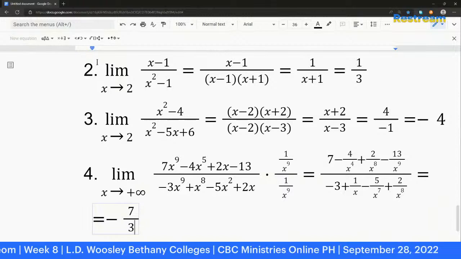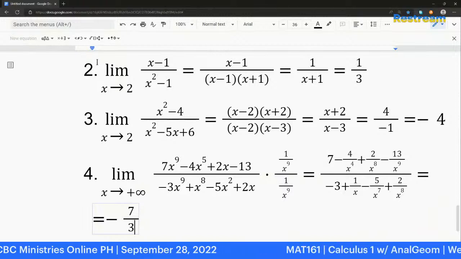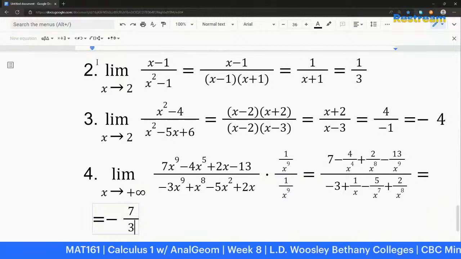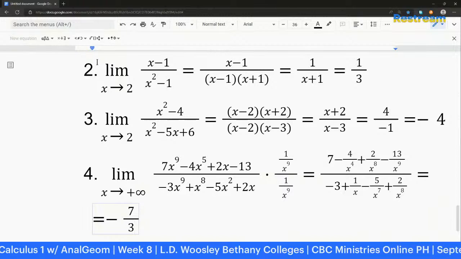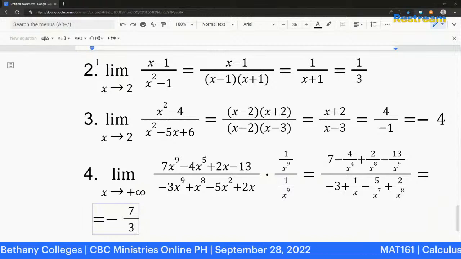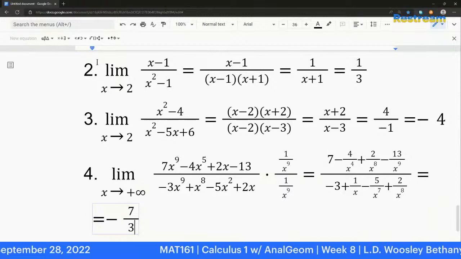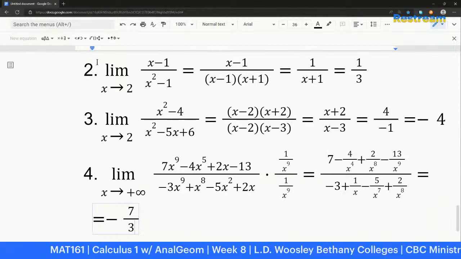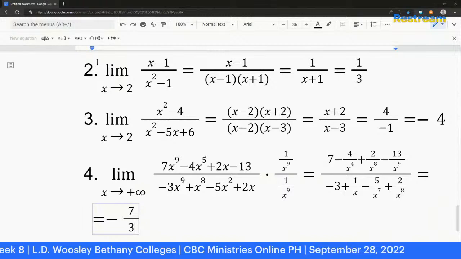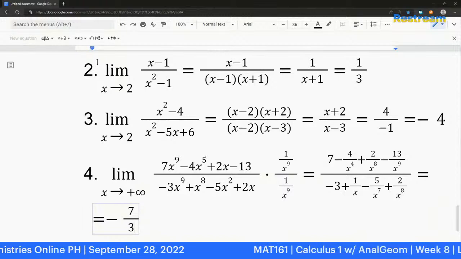So halimbawa, pag walang natira sa numerator, anong automatic na sagot? Pag walang natira sa numerator, 0 yung numerator. So automatic yung 0. Pag ang highest power of x nasa numerator, meron kang sagot. Pag equal yung highest power of x, tulad nito, parehong x raised to 9, the numerical coefficient of the highest power is the answer. As you expect, that is 7 divided by negative 3 or negative 7/3.